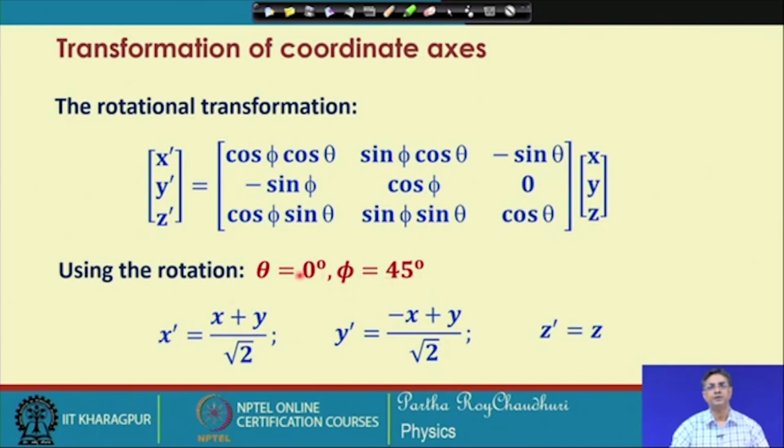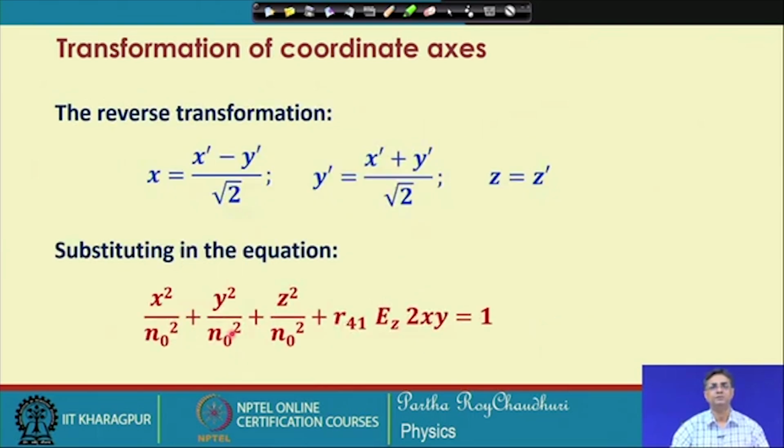Then with theta equal to 0 and phi equal to 45 degree, we can reduce this equation to x prime equal to x plus y by root 2, y prime equal to minus x plus y by root 2, and z prime equal to z. Now, this is the transformation that is required to make the coordinate system coincide with the principal axis system of the deformed ellipsoid.